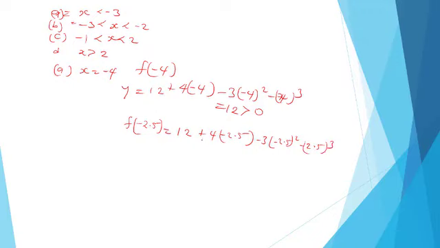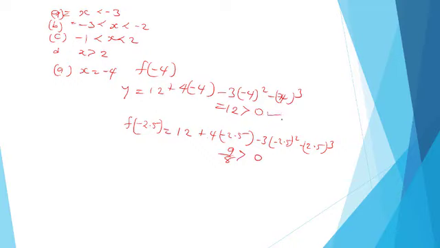So we now have 12 plus this, which is minus 10, then minus 18.75, plus 15.6, which is a positive value, so which is also greater than 0.